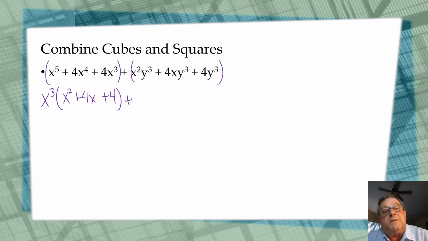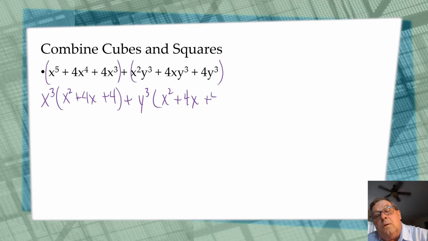And then plus, let's see, well, if I factor out y cubed out of the second group, so now I'm building a sum of a cube I can see. Let's see if we got a common factor here. x squared, okay, factor out y cubed out of x squared y cubed, and out of 4xy cubed, it's going to be plus 4x plus 4. Okay, so I got a common factor here when I factor out the greatest common factor out of each group. The common factor is x squared plus 4x plus 4.